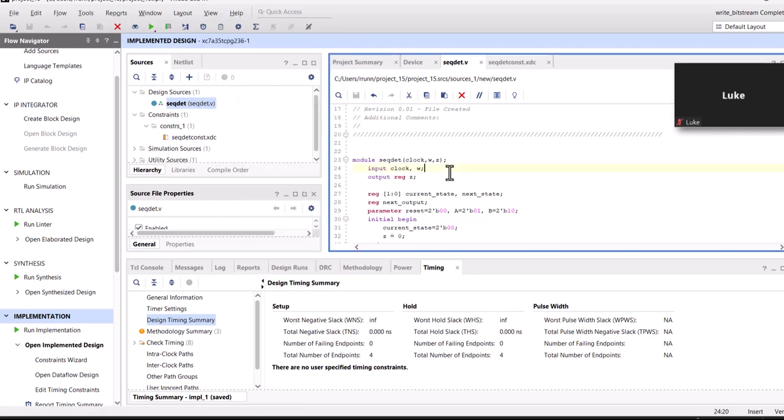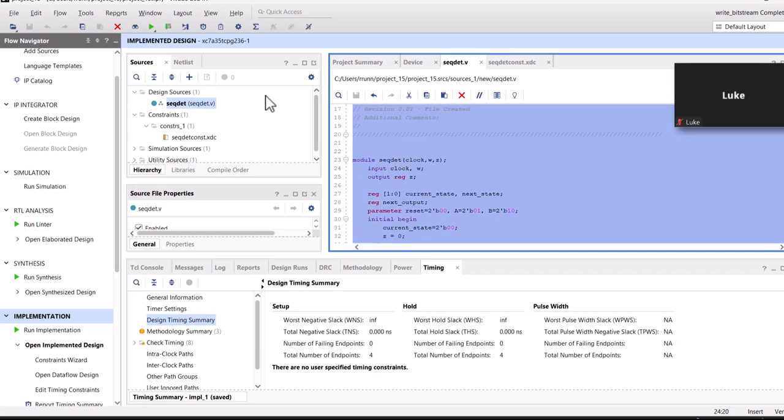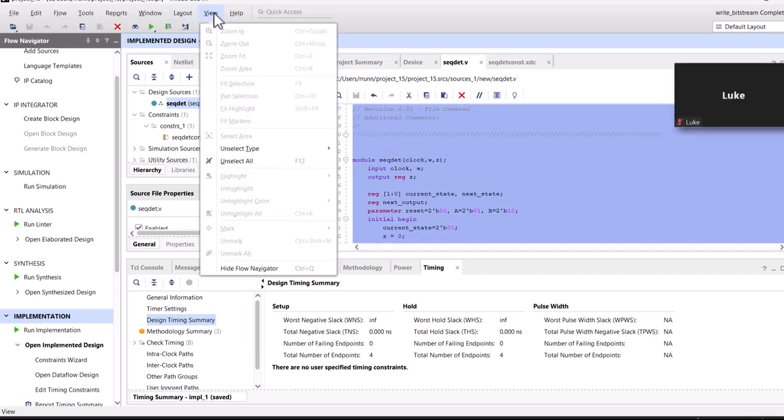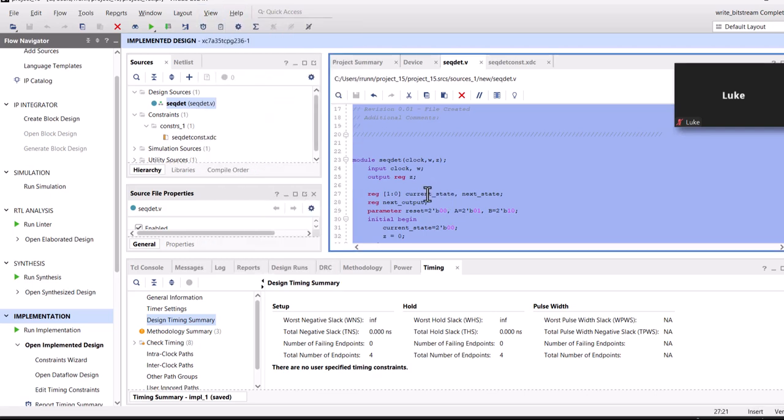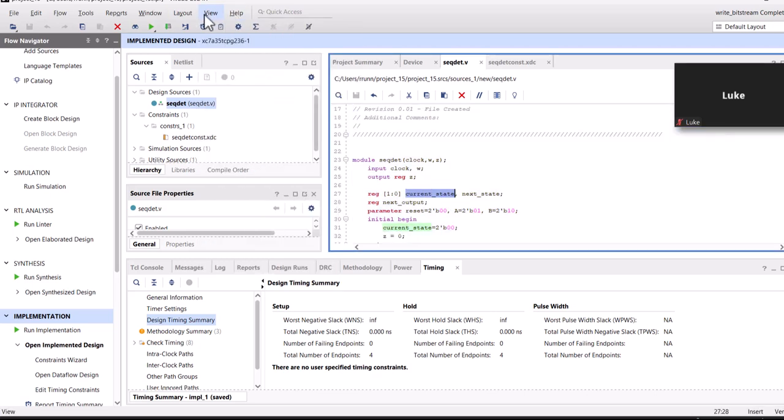Okay, well, if you select the text, can you go back to view? Oh. It didn't. I thought it would.